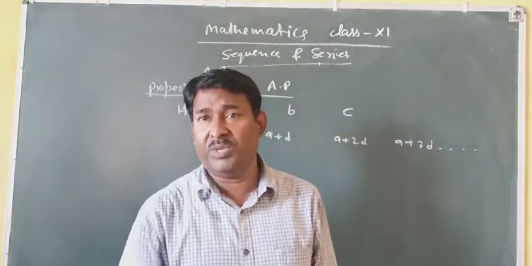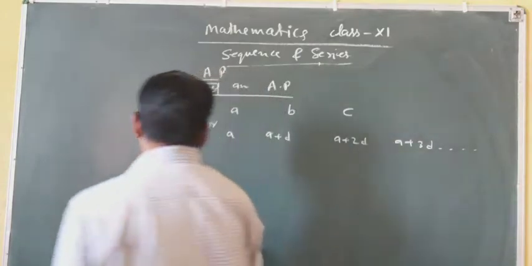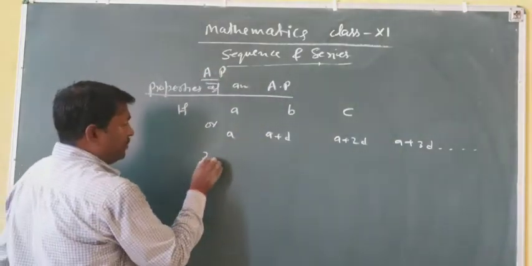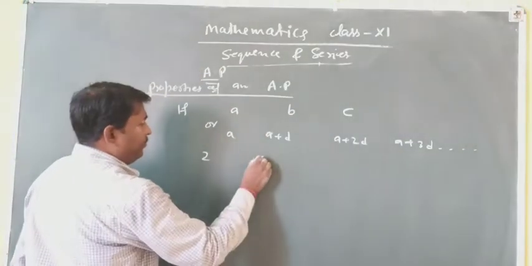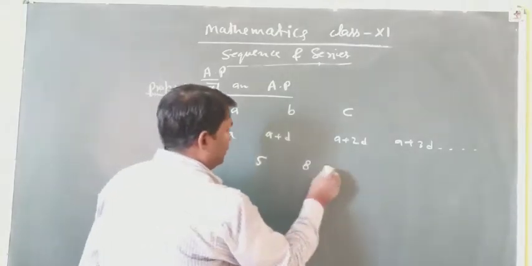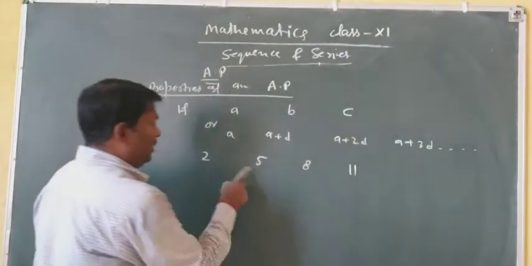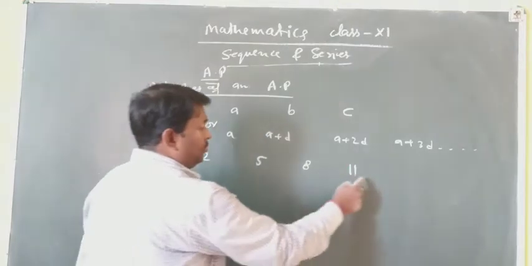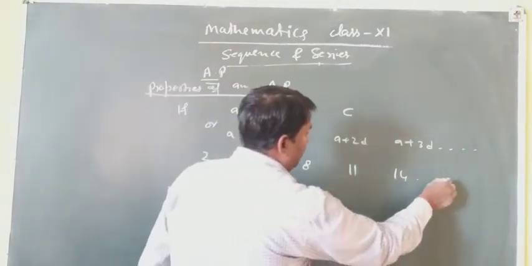By taking an example, I can explain to you: 2, 5, 8, 11, 14, here the common difference is 3, are in AP.